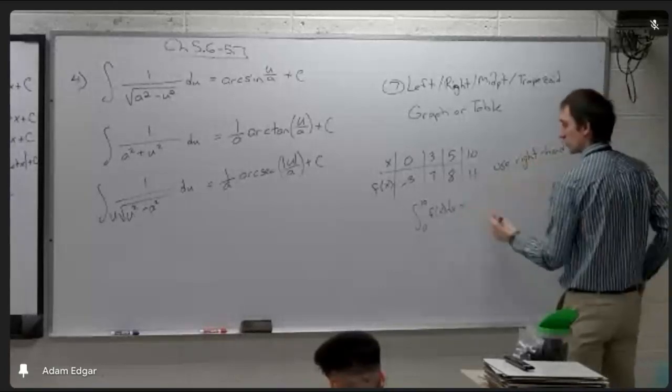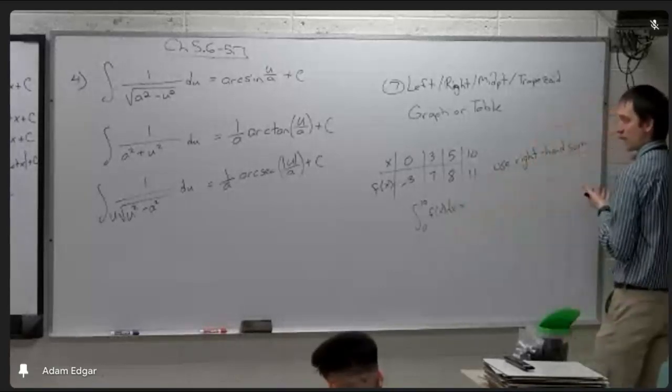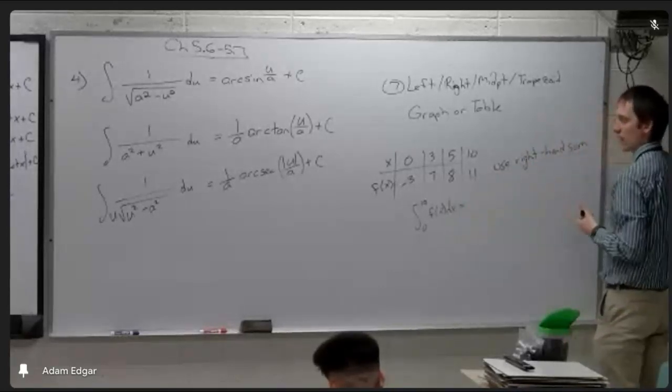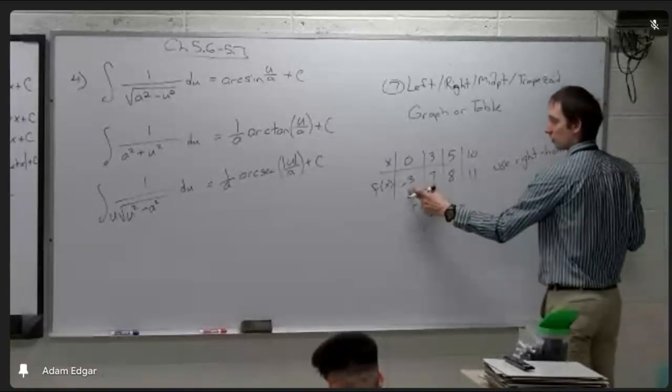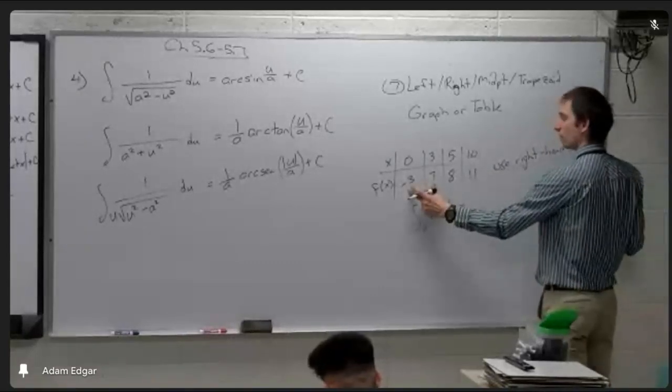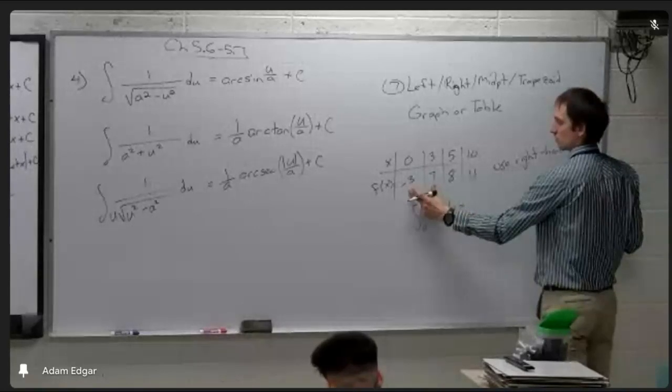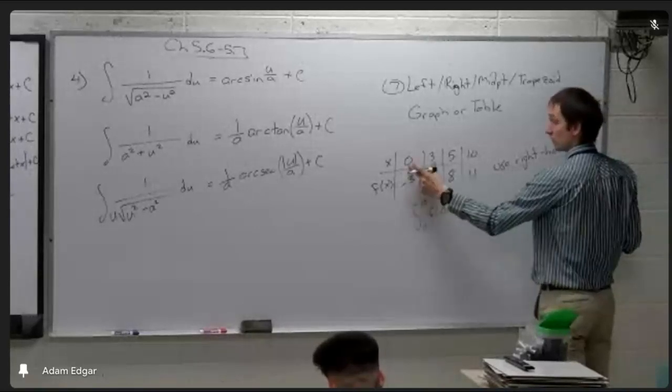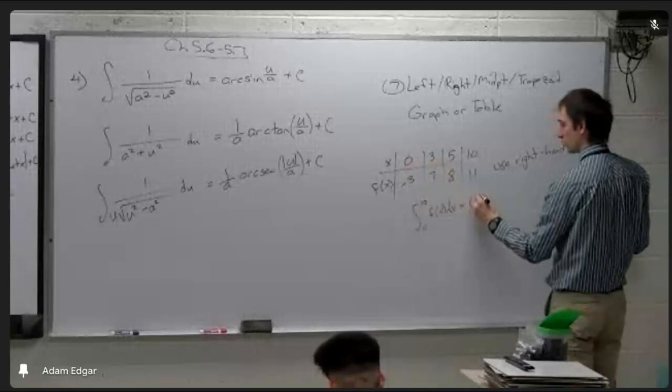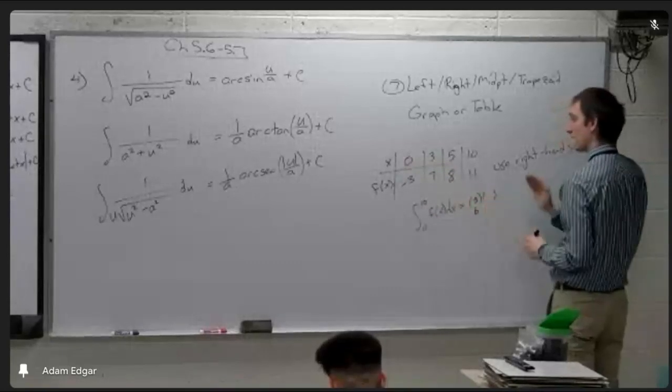This is just base times height a bunch of times, and if you're using the right edge of each rectangle, for this first interval, what's the width of the rectangle? 3, from 0 to 3. There's your base.